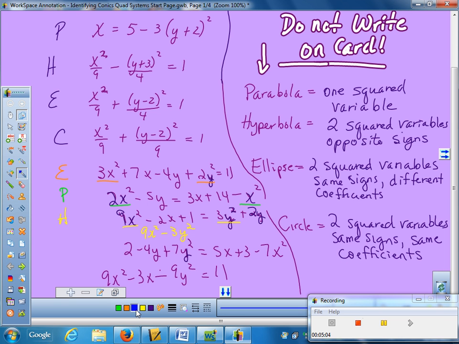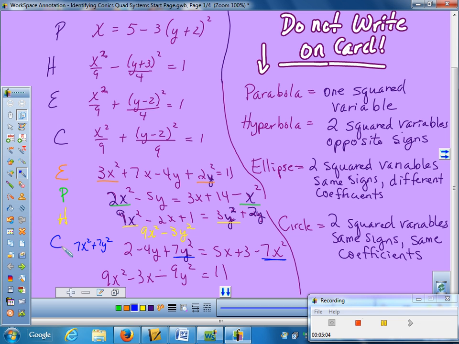Okay. So here I have a 7y squared. Back here I have a negative 7x squared. But I'd have to put them on the same side. I'd have 7x squared plus 7y squared if I brought that one over to the left side. So they're both positive and both the same number. Yep, that's a circle. So what's the last one?